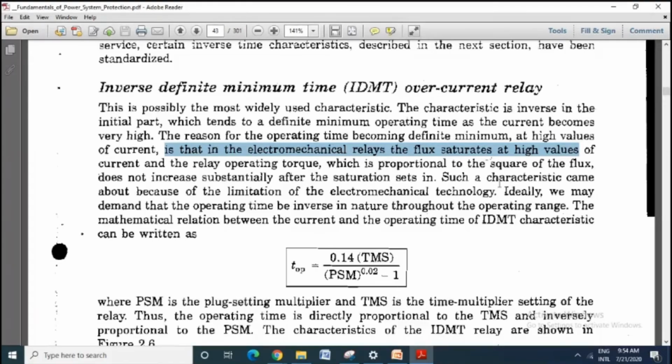One of the easiest examples of an electromechanical instrument, not a relay but an instrument, is your electricity meter.